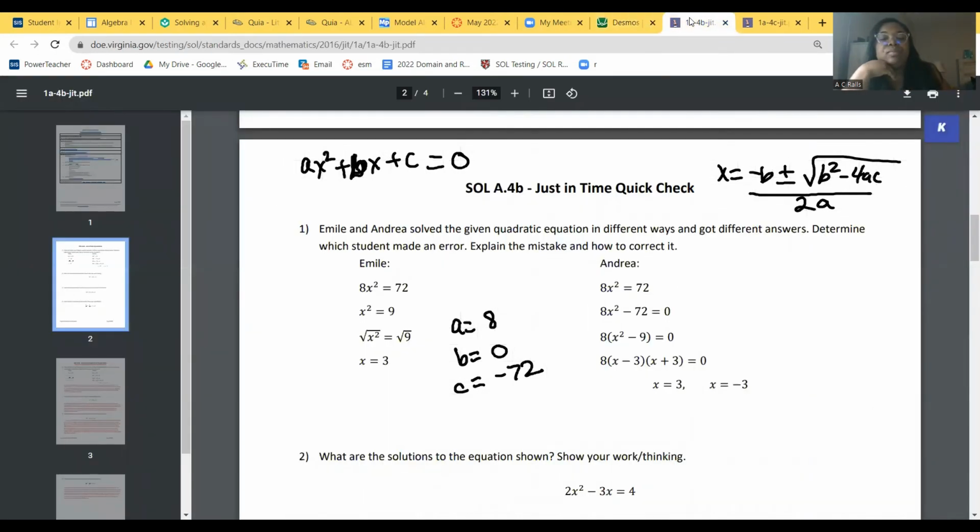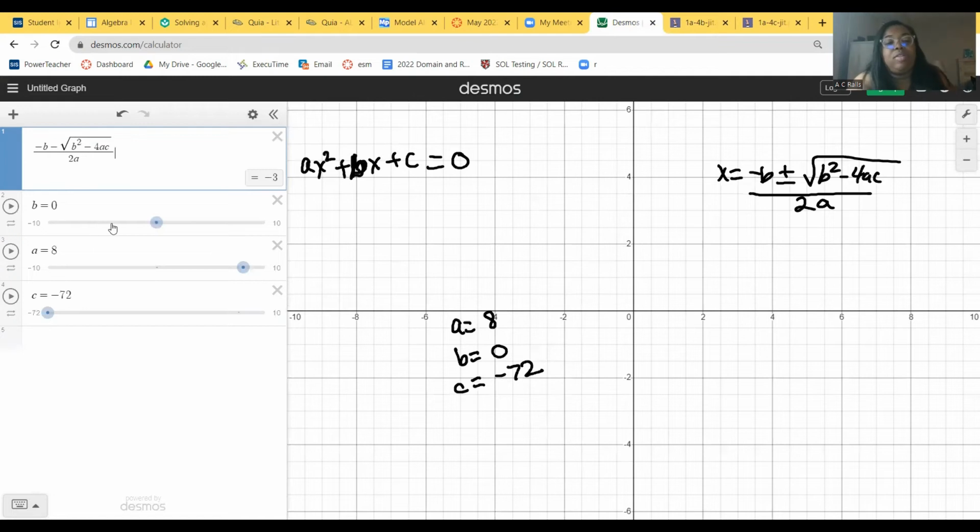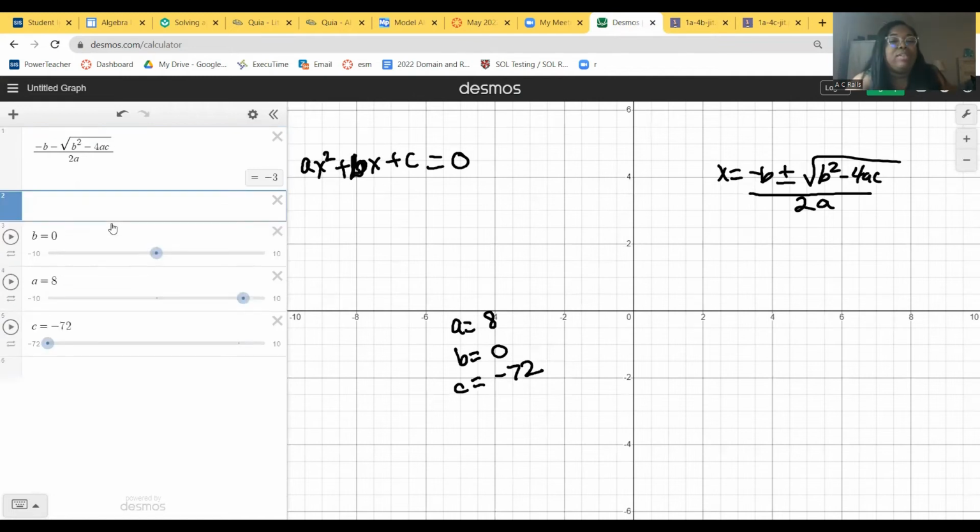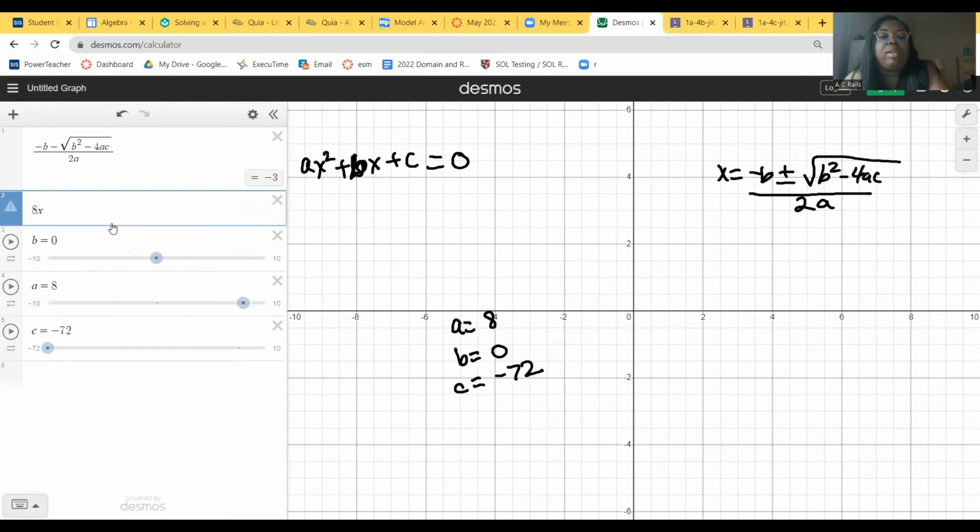Typically, with a quadratic formula, your answers are going to be 2 answers, because quadratic has that 2 there. The other way you could have solved this, and it doesn't work every time, so that's why I recommend actually trying the formula out, is x squared minus 72.